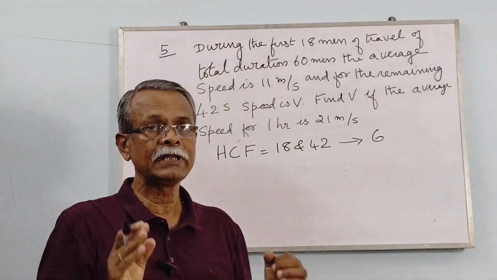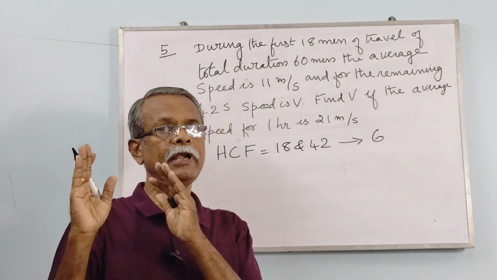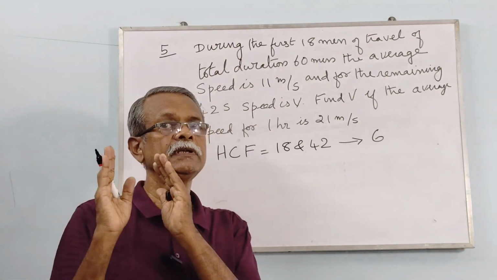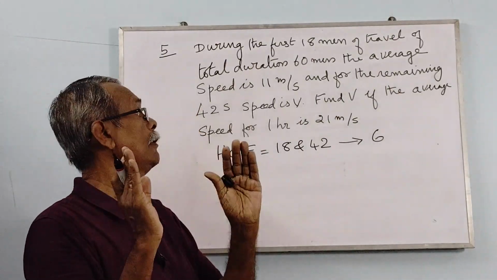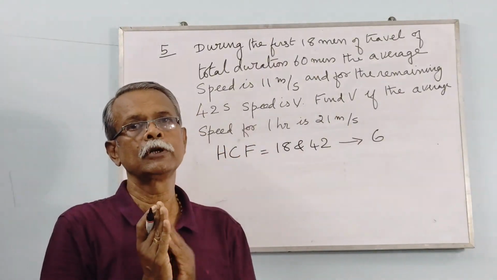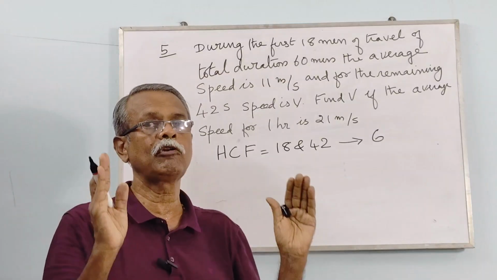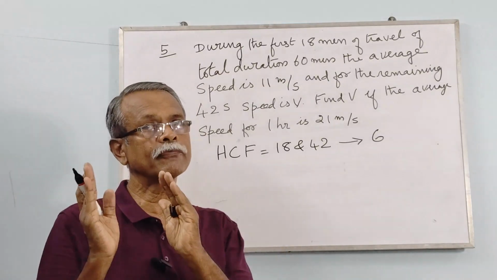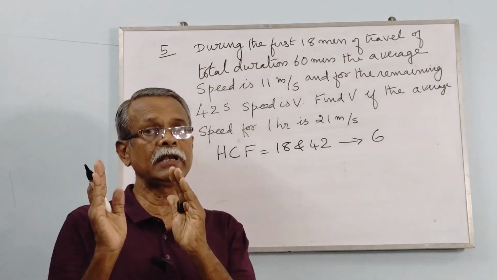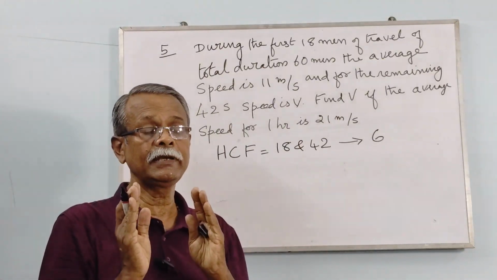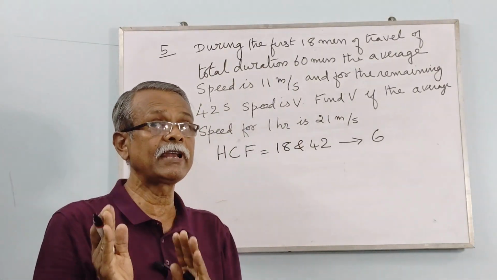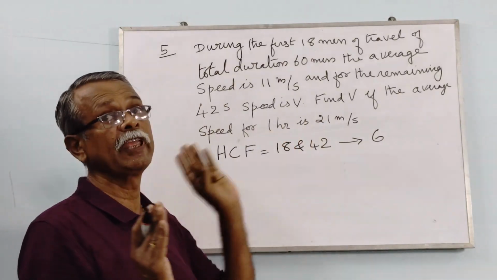That means the entire journey can be divided into 6 minute intervals, total 60 minutes. Therefore, there will be 10 intervals. Out of that, the first 3 intervals travel with 11 meter per second. The next 7 intervals travel with V.